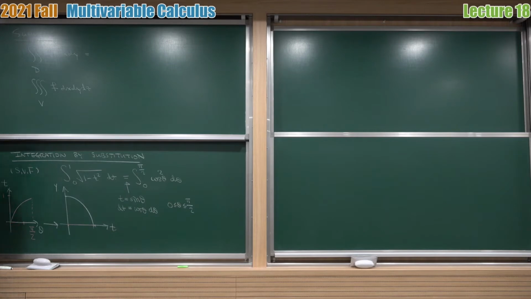Only one value of theta in this domain from 0 to pi over 2 maps to one value of t here. Okay? So you can identify your t, one value of t, by taking one value of theta.